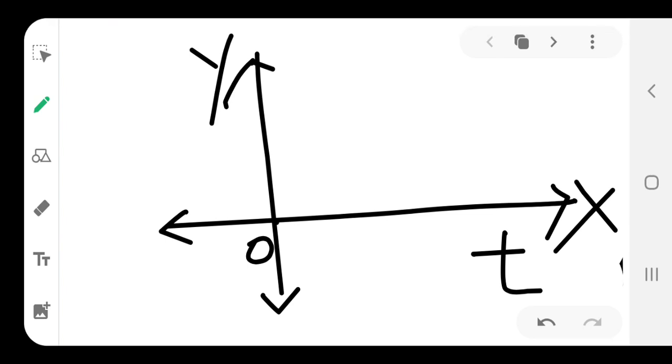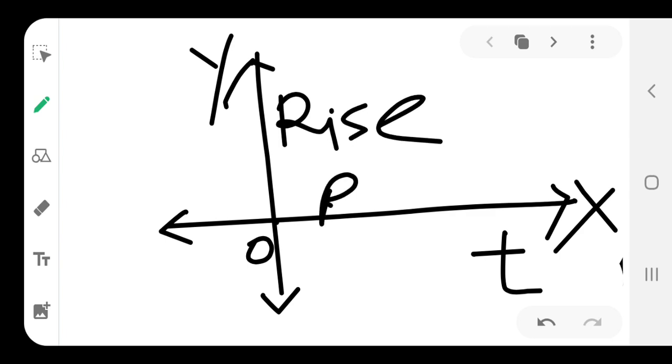So, make sure time is on the x axis and the other variable on the y axis, and we plot the graph. As we plot the graph, on the y part we normally say rise, and on the x part we use the word run, okay. So, these two terms will be used for graph explanation, rise and run.